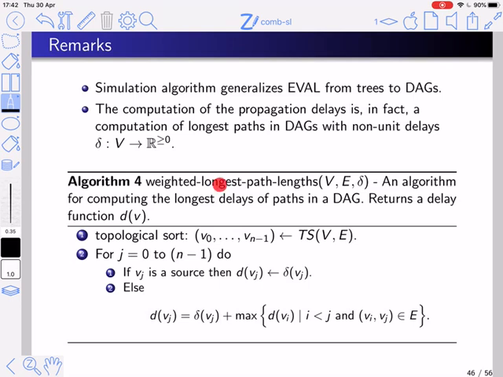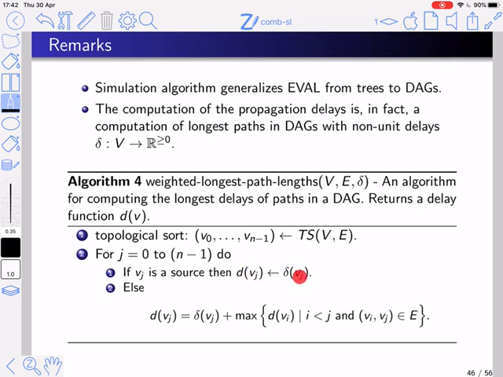And the algorithm for finding longest path lengths in a directed acyclic graph with non-unit vertex weight proceeds as follows. It sorts the vertices in topological ordering, and then it scans the vertices from the first to the last, and you do the following. If Vj is a source, then the longest path that ends in Vj has a delay of delta of Vj.